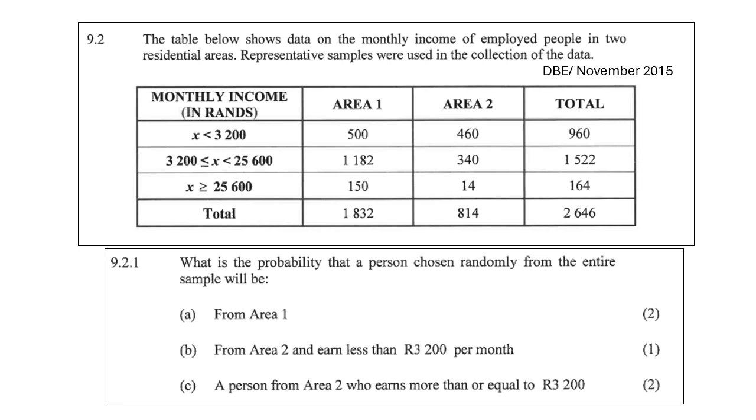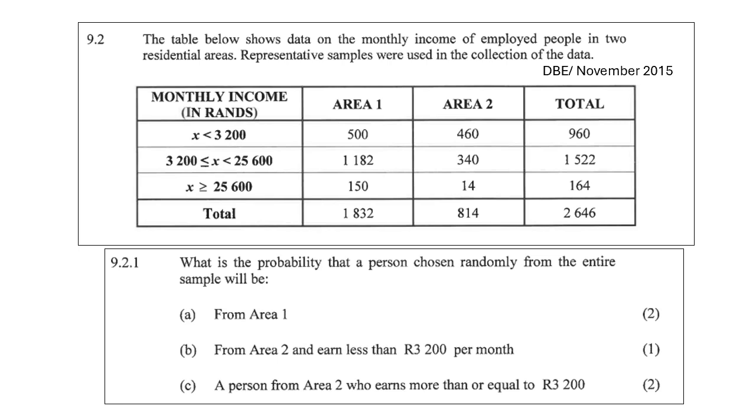If we look at the table below, it shows data on the monthly income of employed people in two residential areas, Area 1 and Area 2. In the first column, they give us the monthly income in rands, and there are three categories.